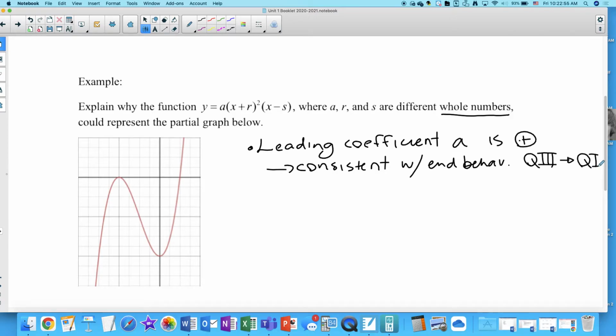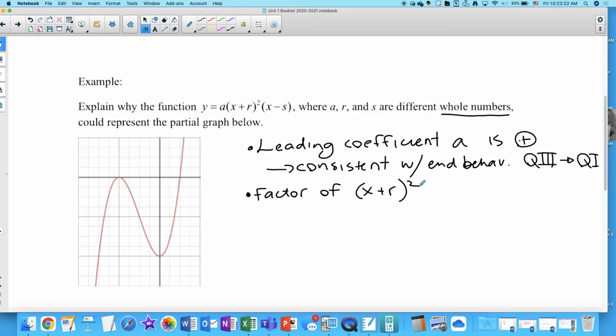Let's talk about this x plus r squared, the factor of (x plus r) squared. Okay, so that should tell us about one of our x-intercepts. Yeah? Not r, almost. But yes, you're right about the twice part.